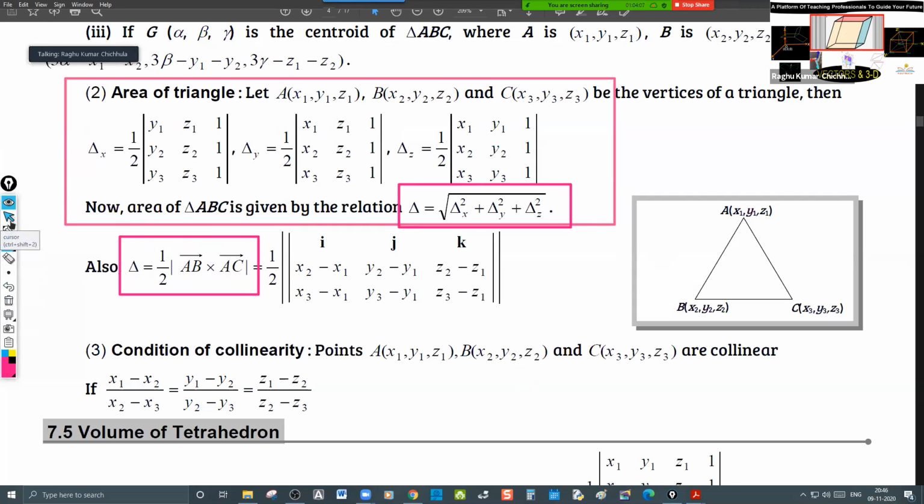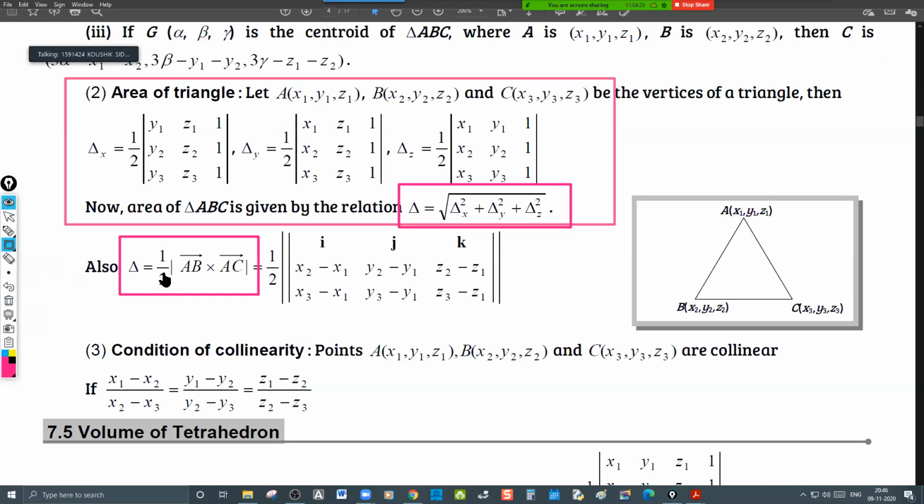Better, if I take an example on this, you will be more comfortable, because if you apply vectors, you need not remember the area of the triangle in three-dimensional form.